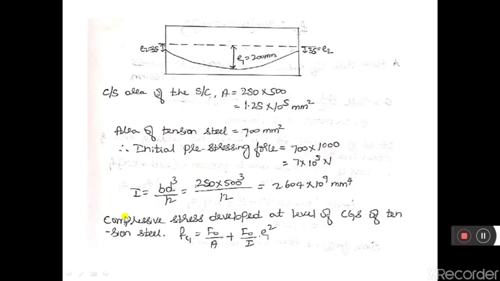First I will calculate the compressive stress developed in the concrete with respect to the 200 mm eccentricity. I will consider Fc1 equal to F naught by A plus F naught by I into e1 square. I am calculating the compressive stress in the member due to the eccentricity of 200 mm.